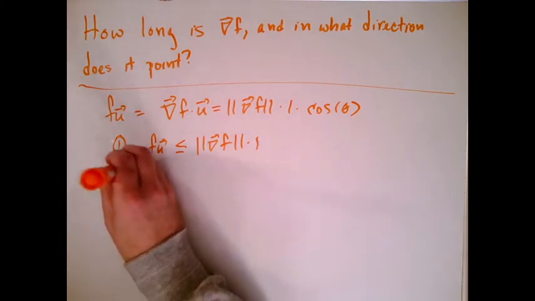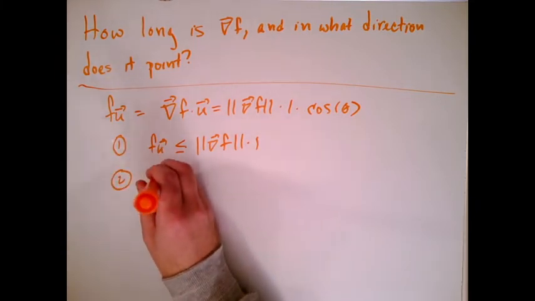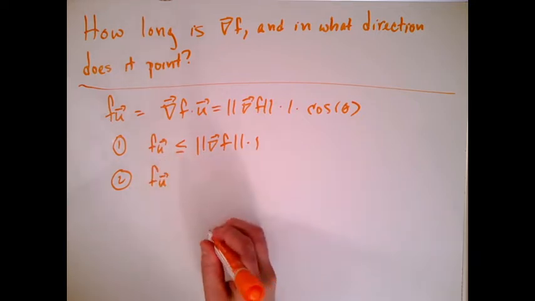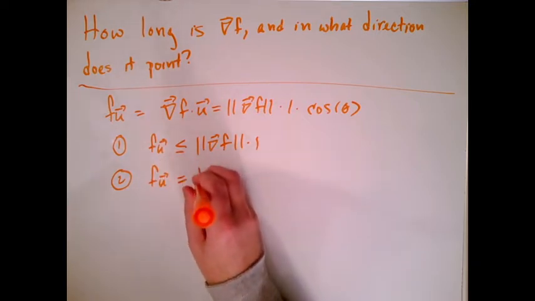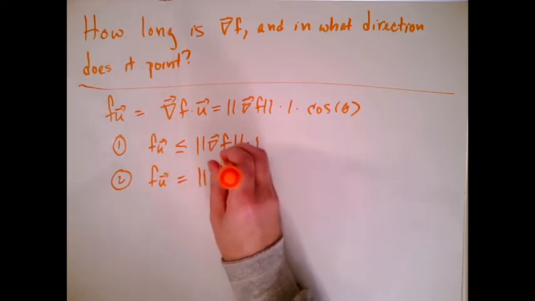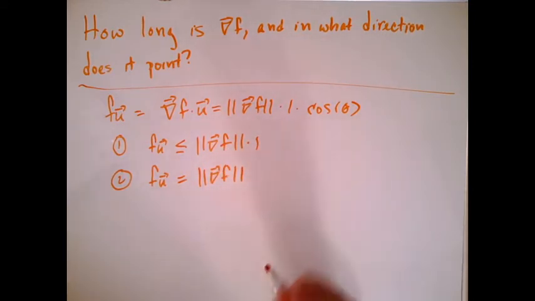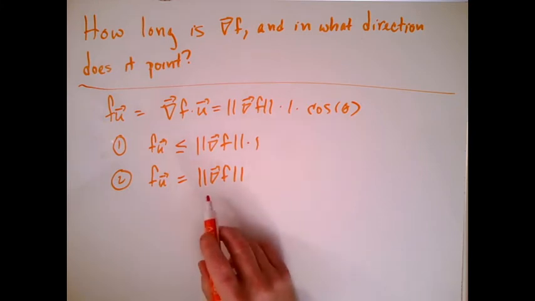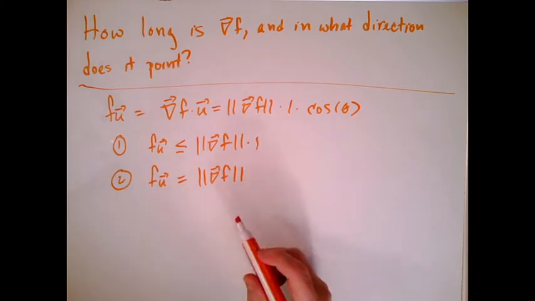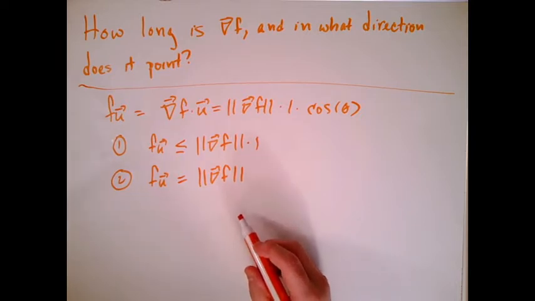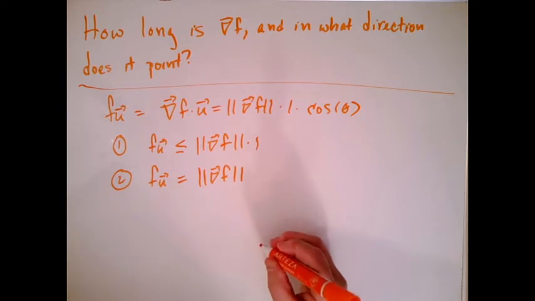Now secondly, the only time the slope in a direction can actually be as big as it possibly can be is if it would actually be the length of the gradient vector in that direction. So the biggest the slope can ever be when you're standing at a point on a surface is the length of the gradient vector.